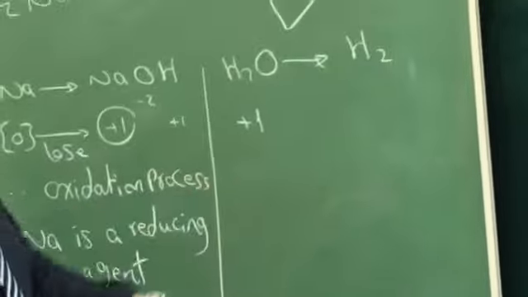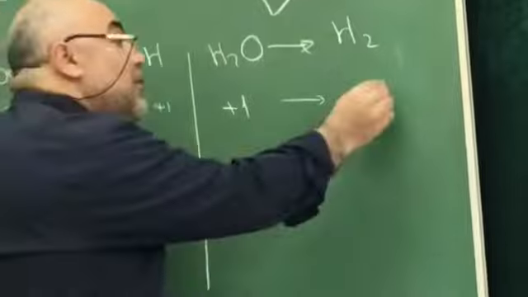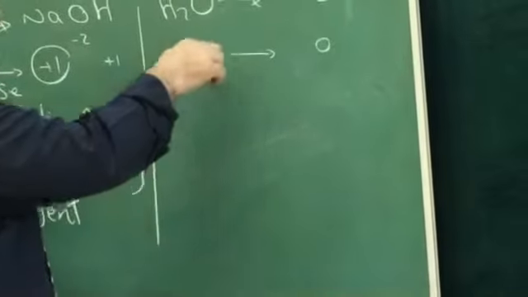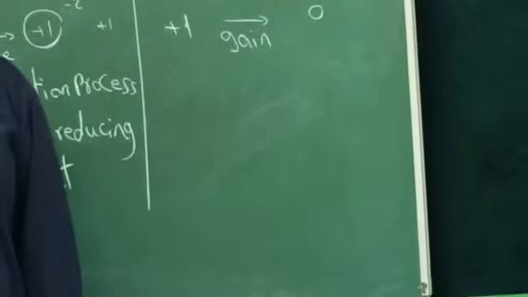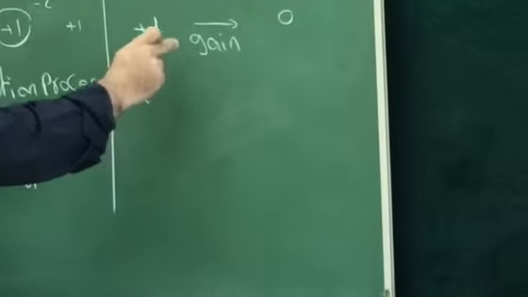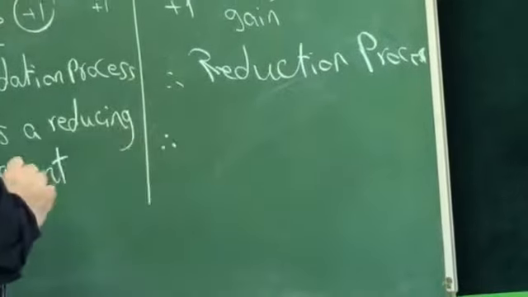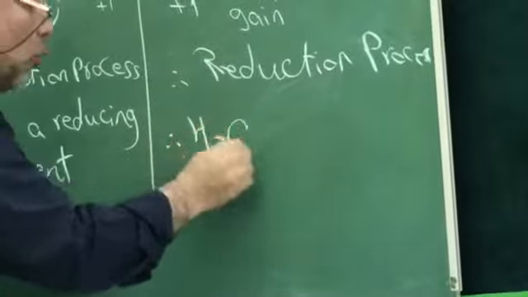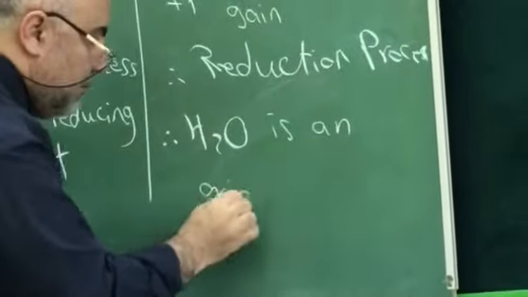Now, back to the equation again. Hydrogen here is +1, but hydrogen in its molecule equals 0. From +1 to 0 means gaining electrons, right? Gaining electrons, therefore we can say this process is a reduction process. So water in this case, H2O, is an oxidizing agent.